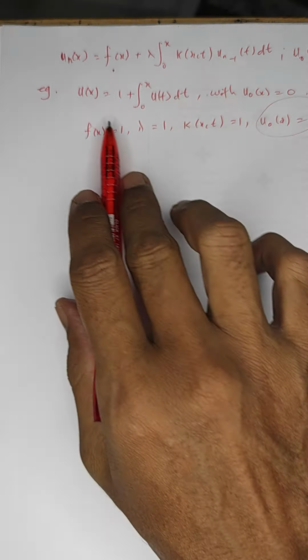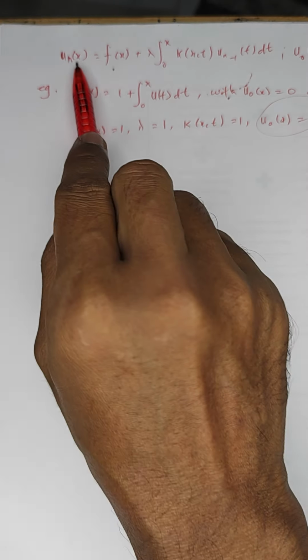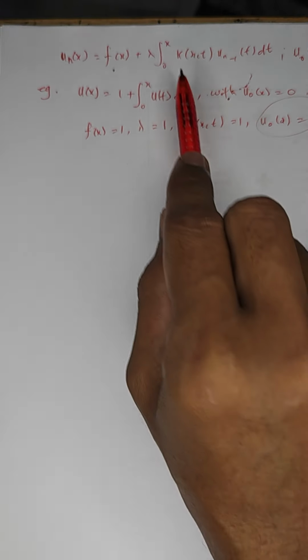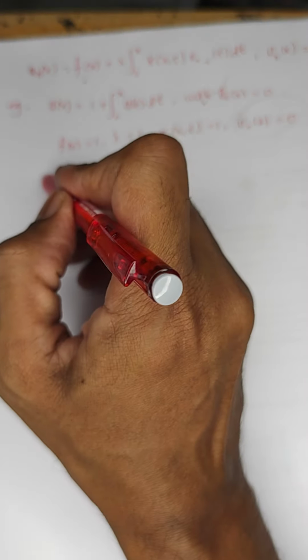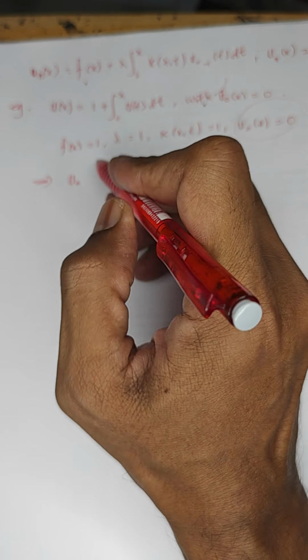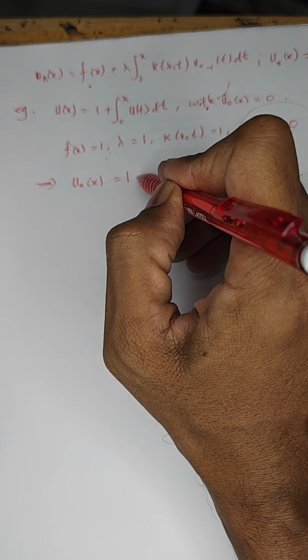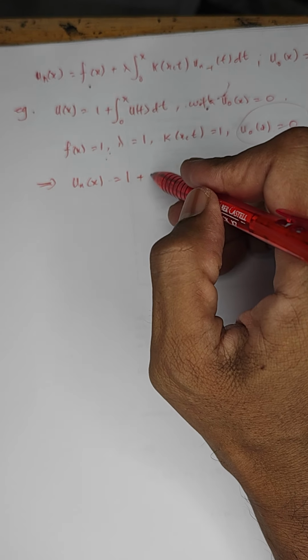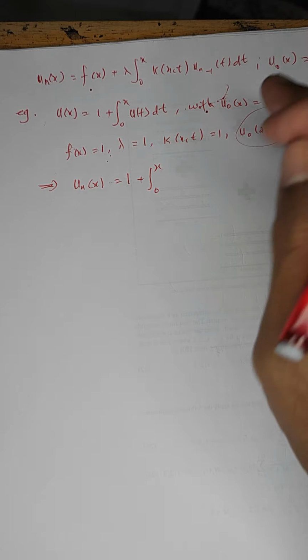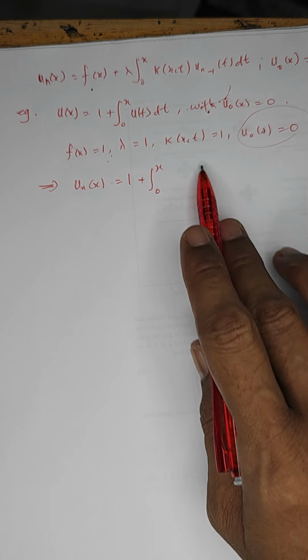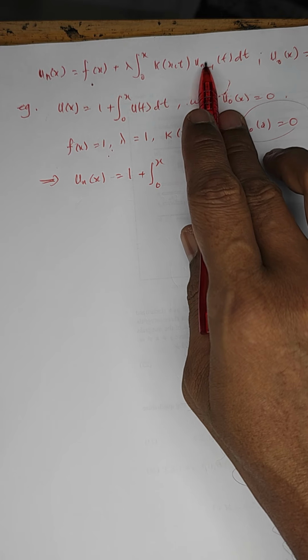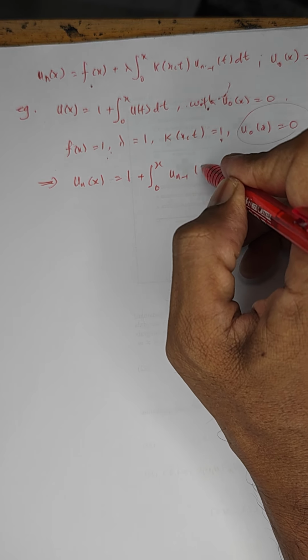Having done those things, if you substitute, we have u_n(x) equal to f(x), which is 1, plus lambda, which is 1, times the integral from 0 to x of K, which is 1, times u_{n-1}(t) dt.